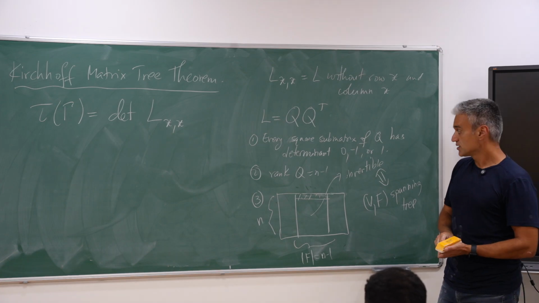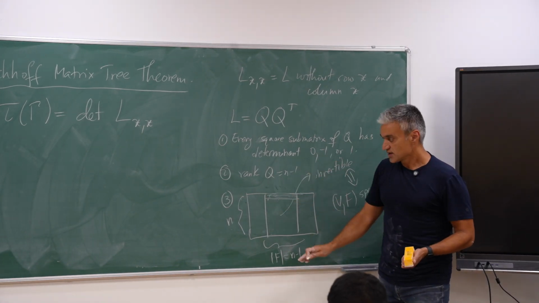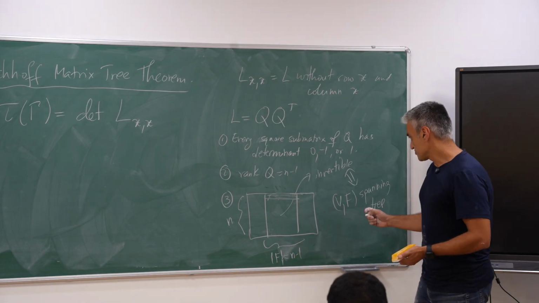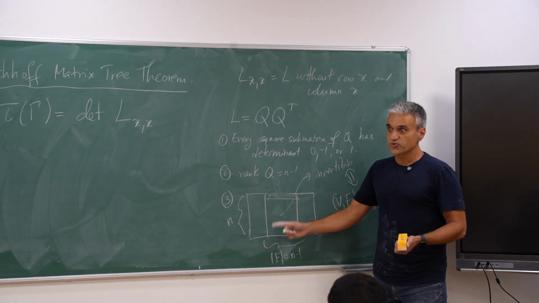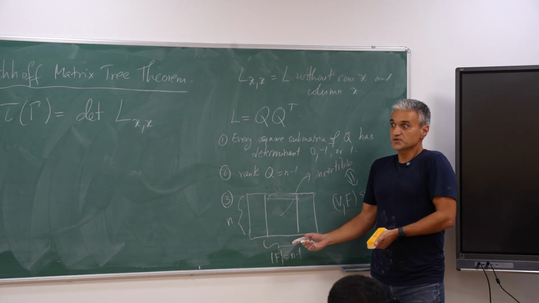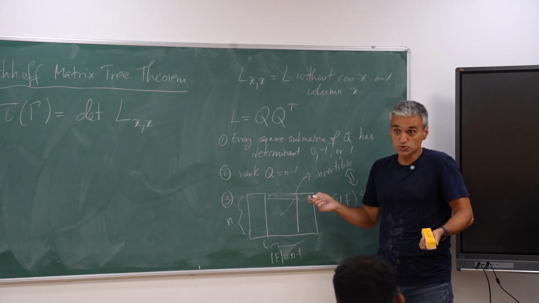So first, let's say we have all the vertices and F, all the edges. If this is a spanning tree, then this is an incidence matrix for that spanning tree, because I have all the vertices and just the edges. But the spanning tree is connected, so what should be the rank of it? n minus 1.